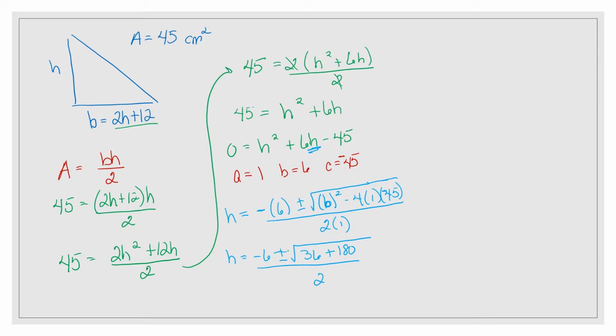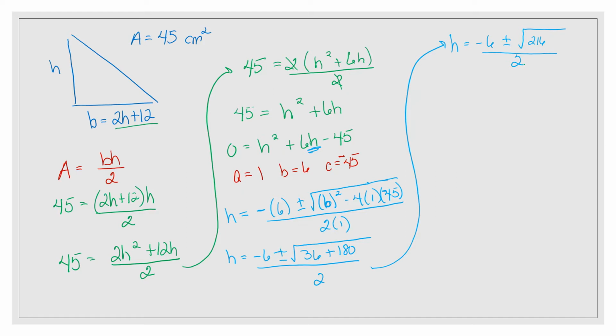Did this make sense? Are you guys with me? Loving it. Okay, so keep going. You combine what's under that square root, don't you? So I have h being equal to negative 6 plus or minus the square root of, good, 216 all over 2. So is 216 a perfect square?